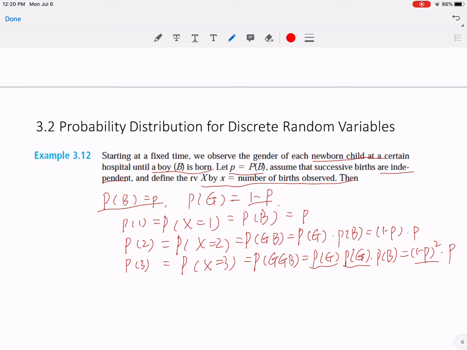So what is it for x equal to 4? P of 4 is the probability that capital X is equal to 4. In this case, the first 3 are girls and the fourth one is a boy.